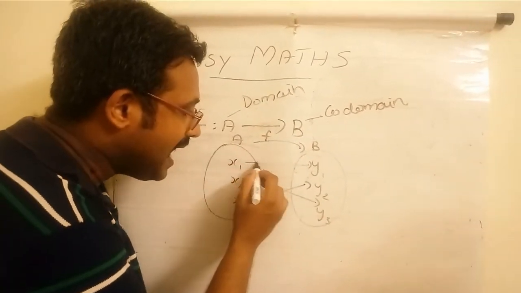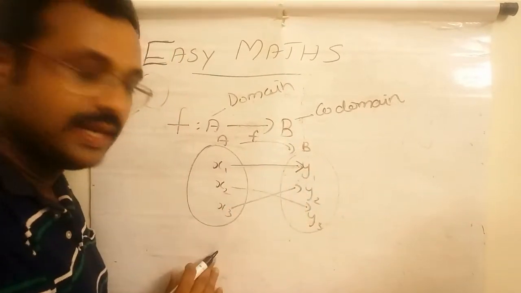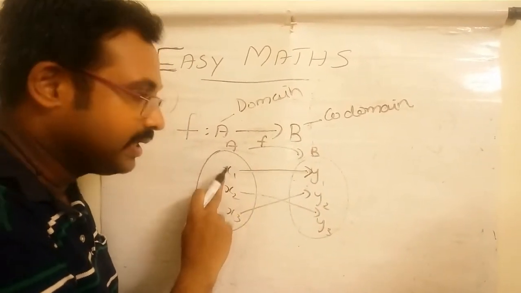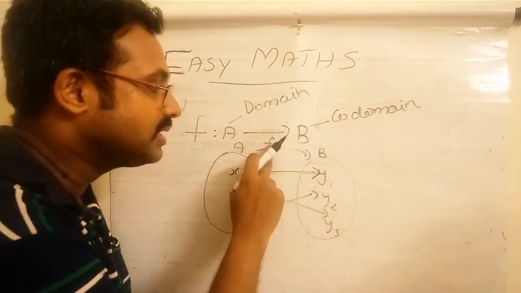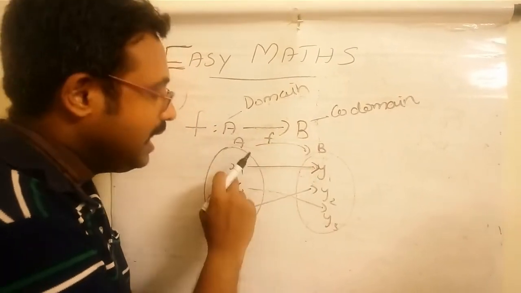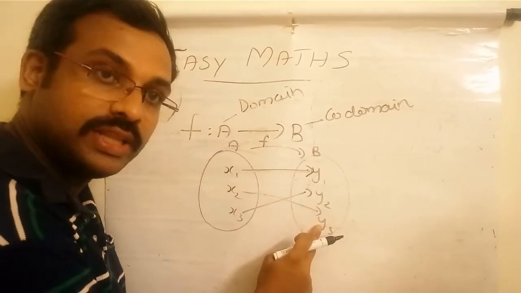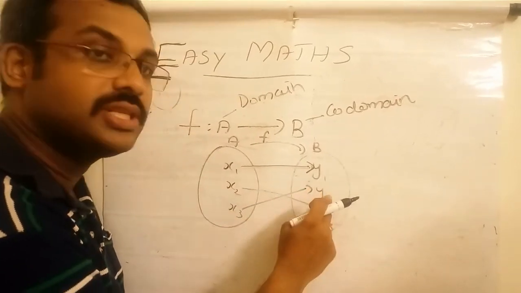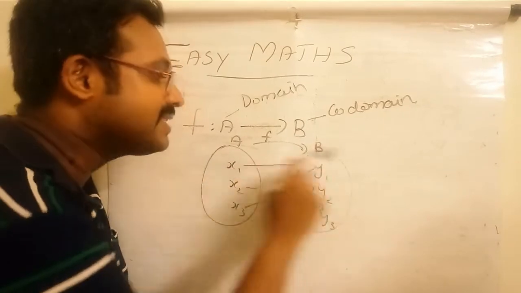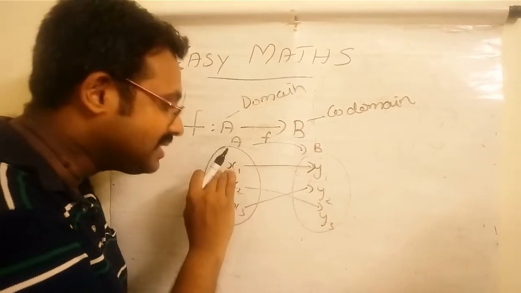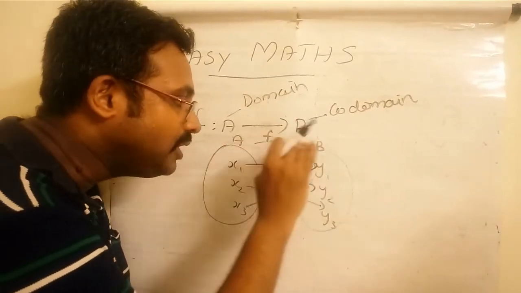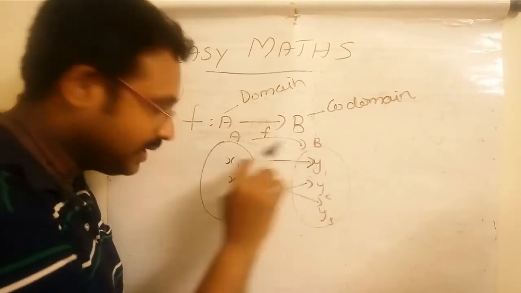This arrow implies the image of x1 is y1 under this function f. x1, its image is y1; x2, its image is y3; x3, its image is y2. This arrow represents that x1 is mapped to y1.